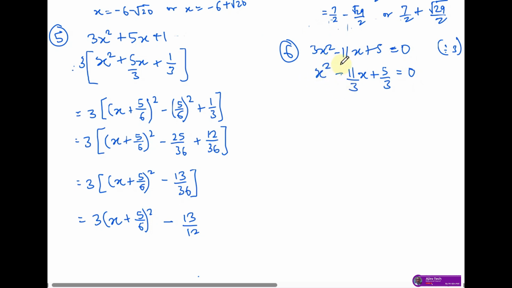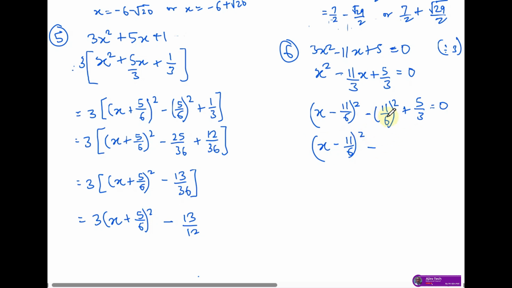So I can complete the square now. x minus half of this, which is 11 over 6, close bracket squared. Minus, no matter what is inside the bracket, put minus aside, this 11 over 6 squared. Then plus 5 over 3 equal to 0. x minus 11 over 6 squared.